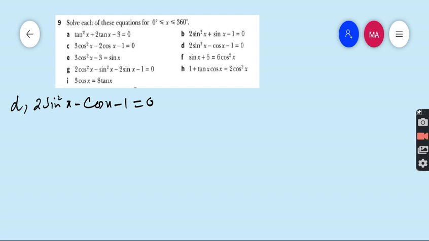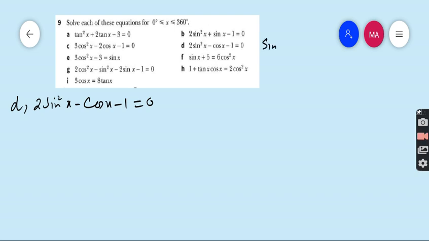This equation cannot be factorized unless we convert the whole equation into a single trigonometric function. Right now there are two trigonometric functions, one is sine and one is cos. How can we do this?